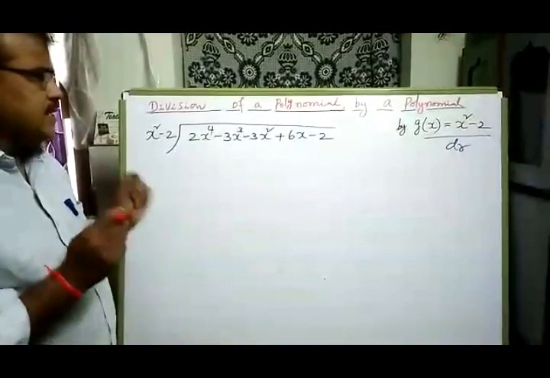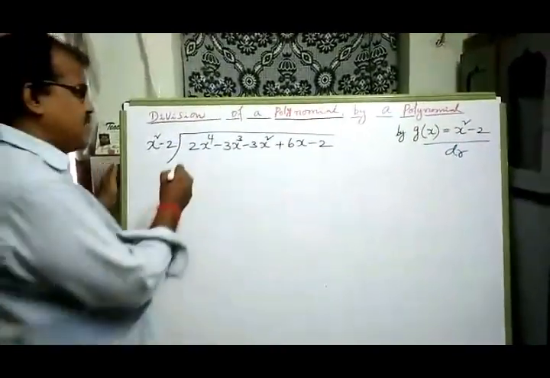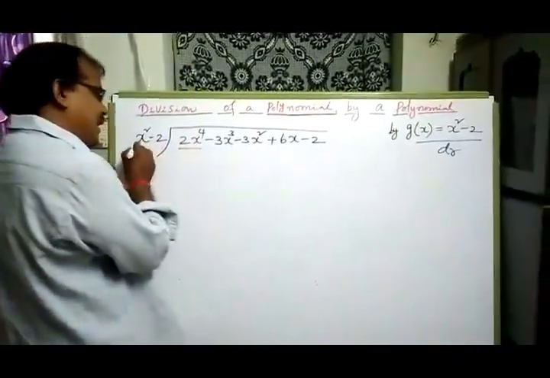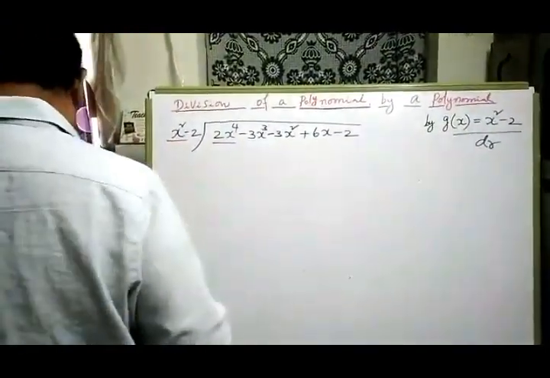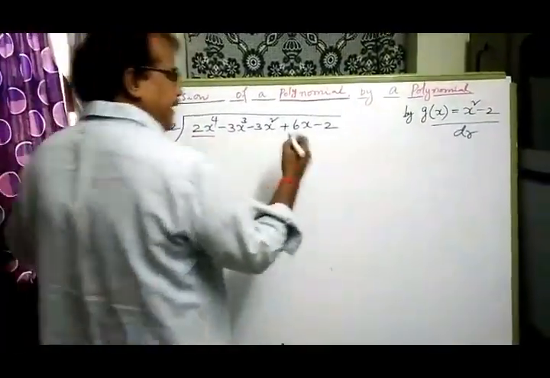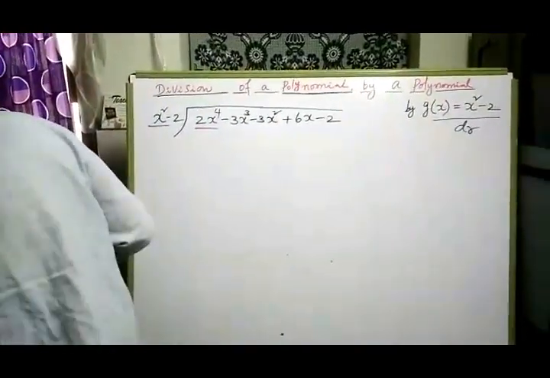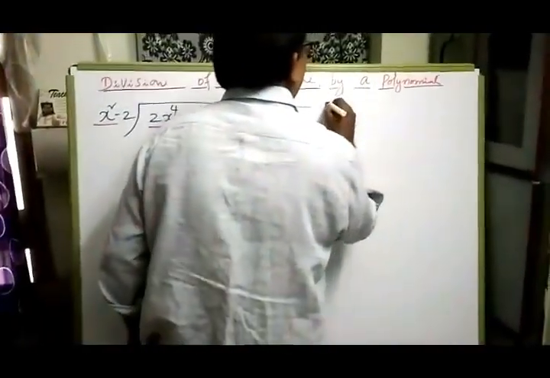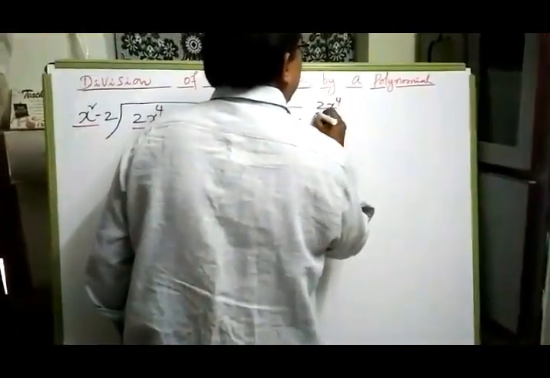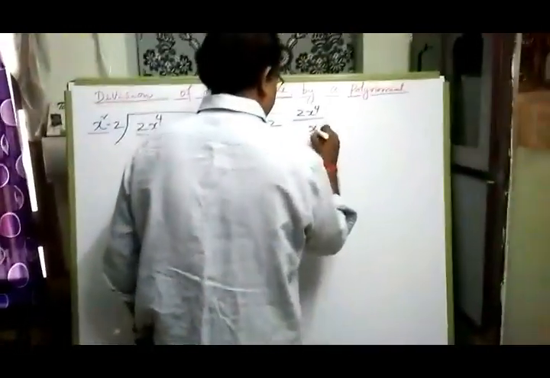Now the first step is to take the first term of the dividend and the first term of the divisor. First term of the dividend is 2x to the power of 4, divided by x square.